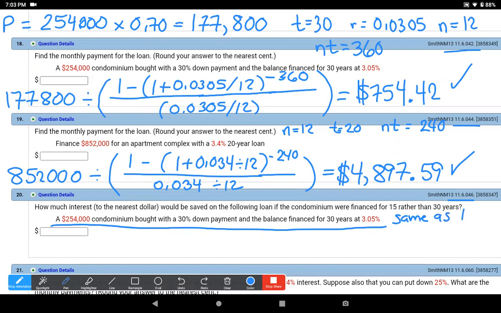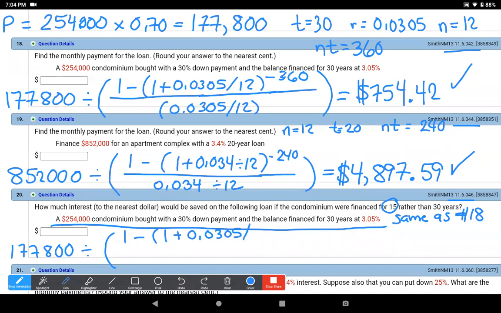So we have to redo it with 15 years instead of 30, right? So let's redo that problem with 177,800, right? Because there was a 30% down payment. Remember, we did that. This time around, though, we're going to have a 1 minus 1 plus 0.0305.